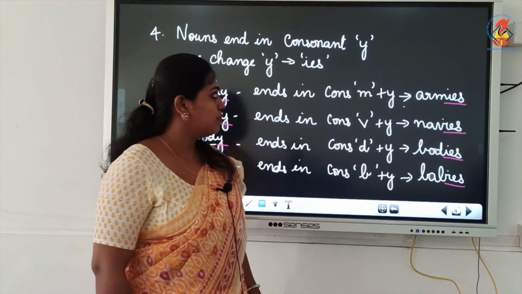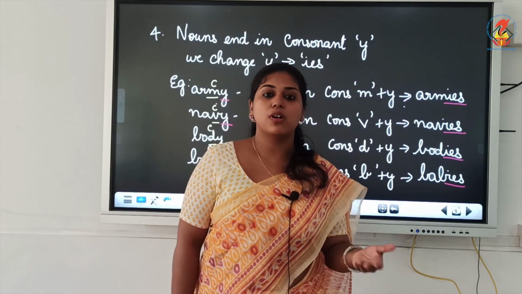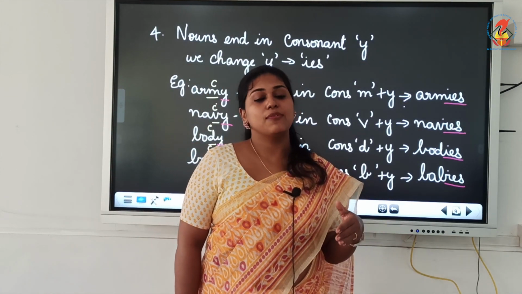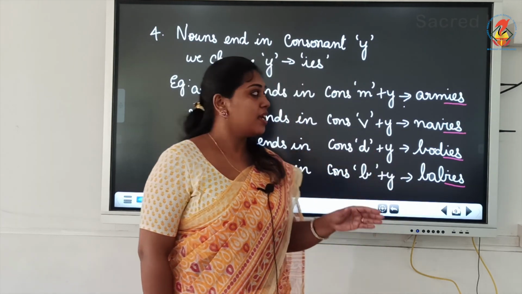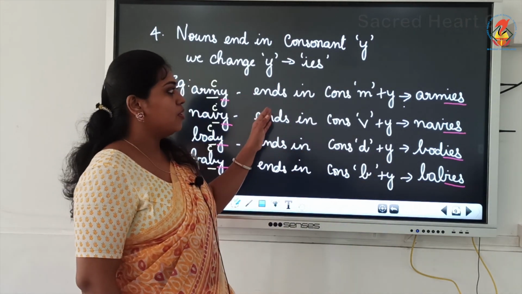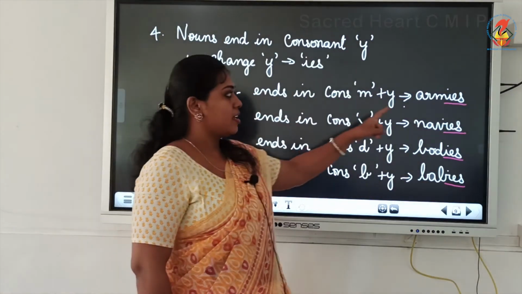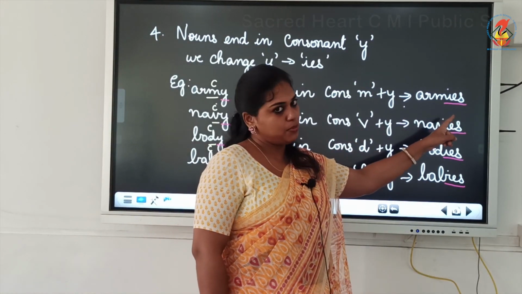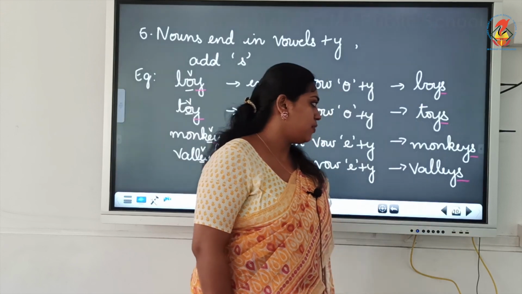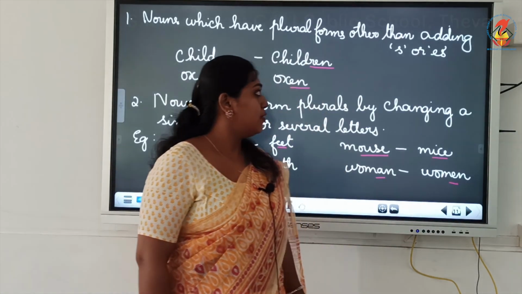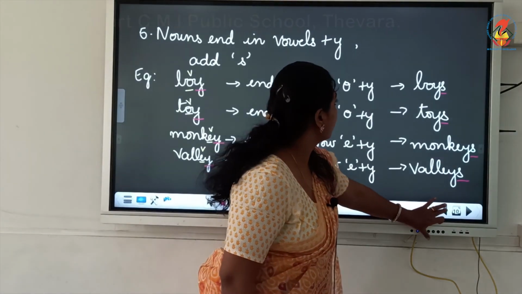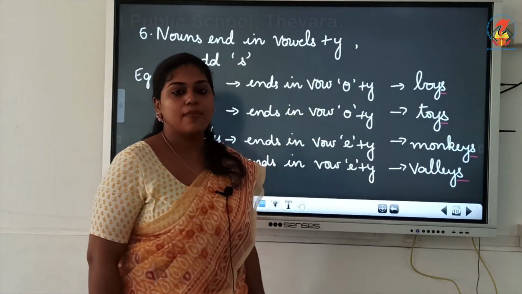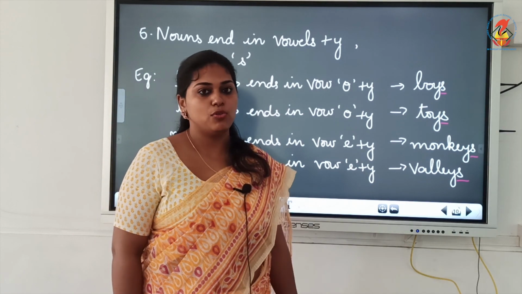Then the other rule which is about the consonant and vowel, if the noun ends in consonant and Y, there we have to cut the Y and write IES to make it plural. Whereas, if the words end with a vowel and Y, then we have to add S to make it plural.